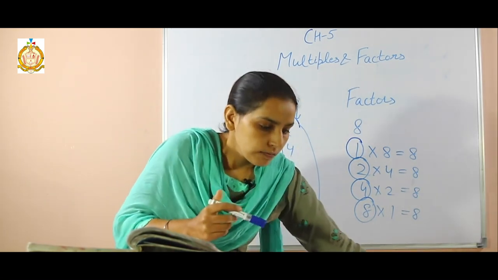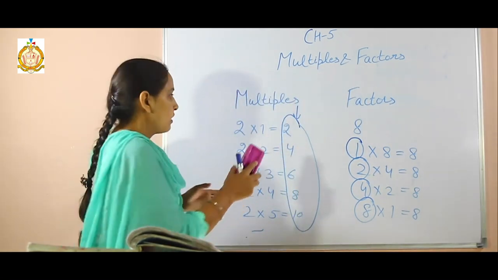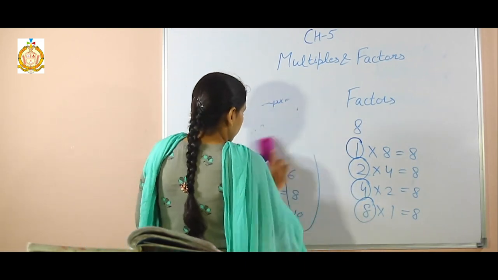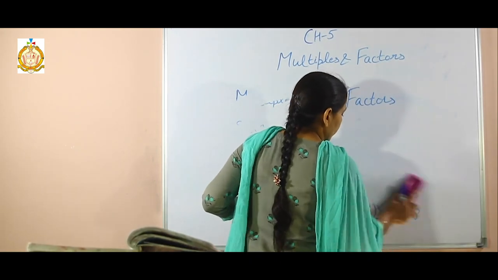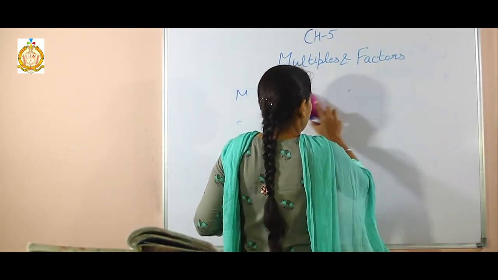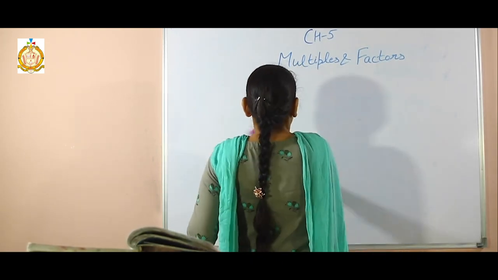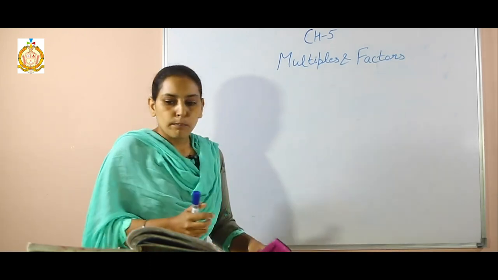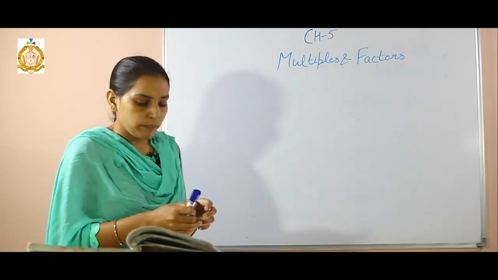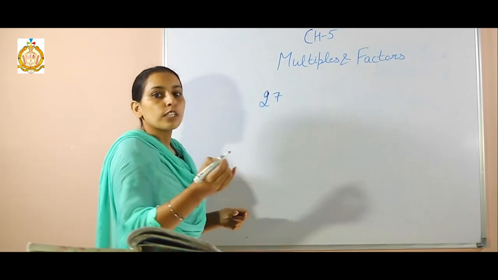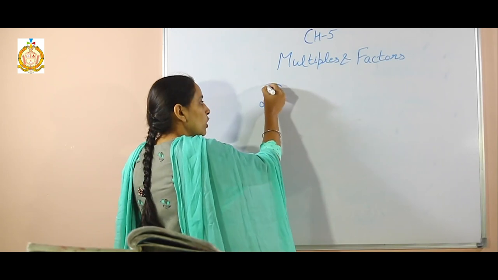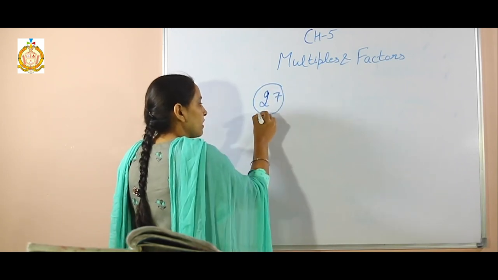Students, let's solve one another sum. For example, if you have to find out the tree method of 27, first of all, take 27 as a root, then branches.